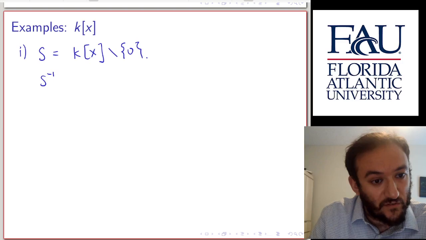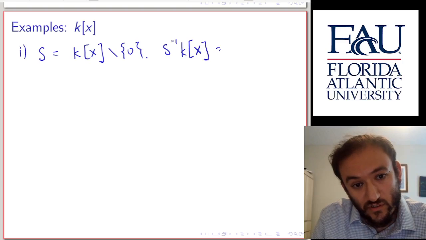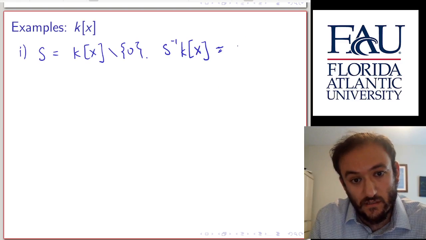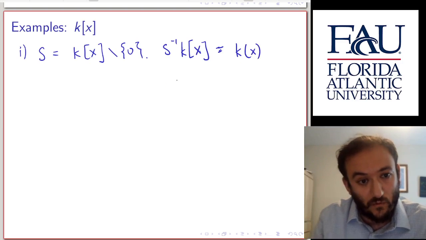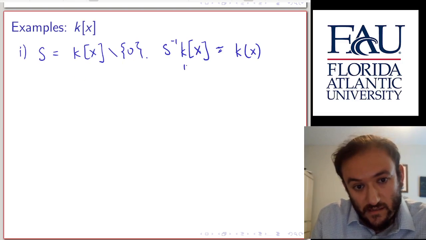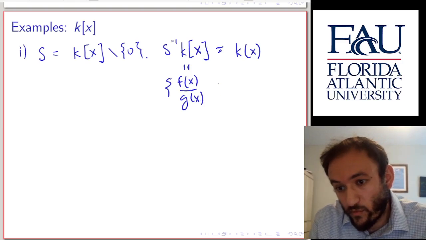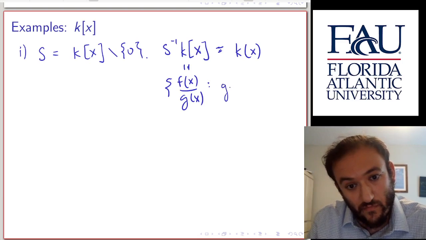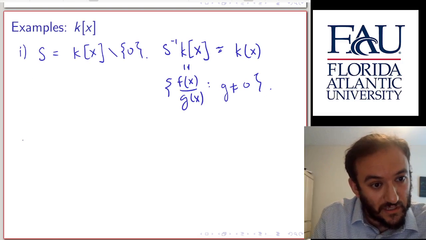When we look at S inverse k adjoin x, this is going to be the field of rational functions, which is often denoted with round parentheses. And that's simply because this is the set of f of x over g of x, both polynomials, right? And g not equal to 0.